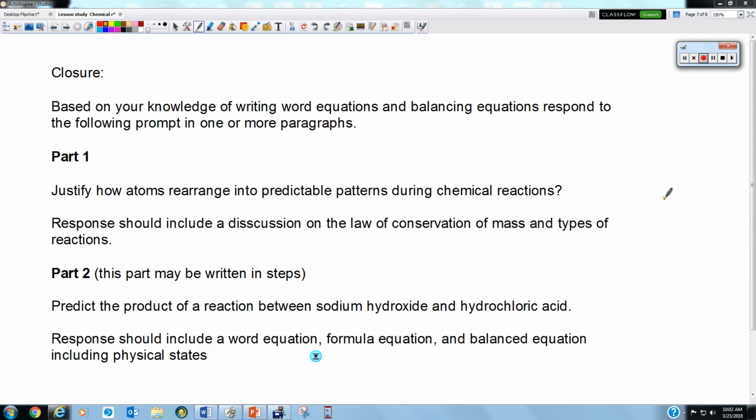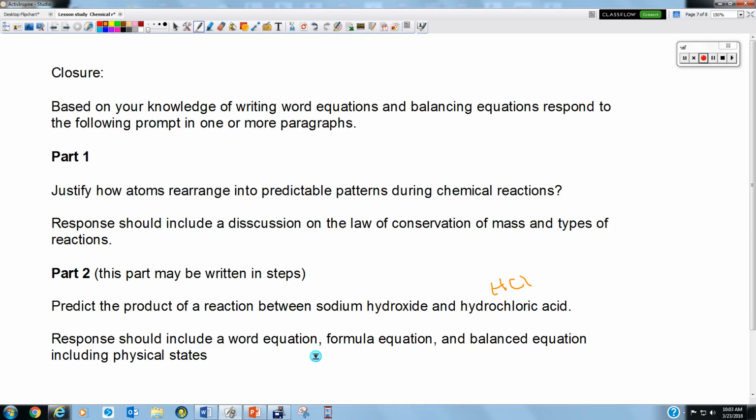And then the second part is, I'm giving you a reaction between sodium hydroxide and hydrochloric acid. I'll go ahead and tell you, hydrochloric acid again is HCl, because we haven't done naming acids yet. So predict the product of a reaction between sodium hydroxide and hydrochloric acid. Oops, let me actually change that because that was my bell ringer.